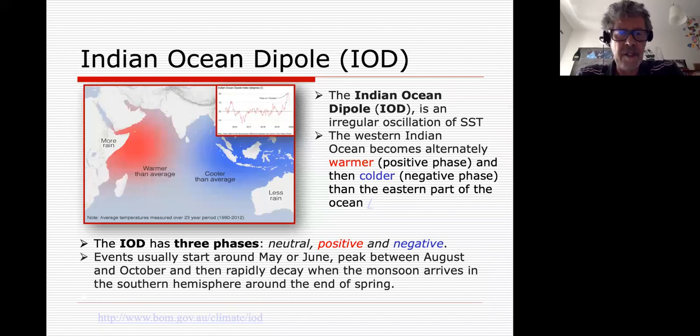The Indian Ocean Dipole is an irregular oscillation of the sea surface temperature. This is, as you already learned, the easiest way to detect changes in thermal properties of the ocean, because a satellite can help provide a lot of information and nice images, especially in a tropical and equatorial region where the sky is clear.